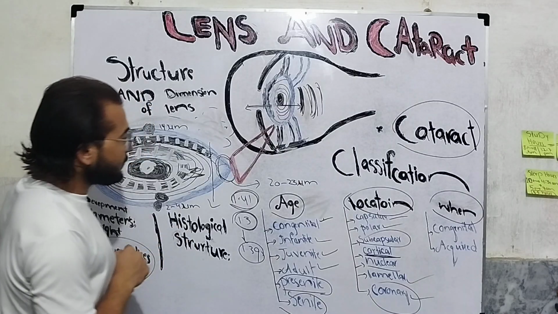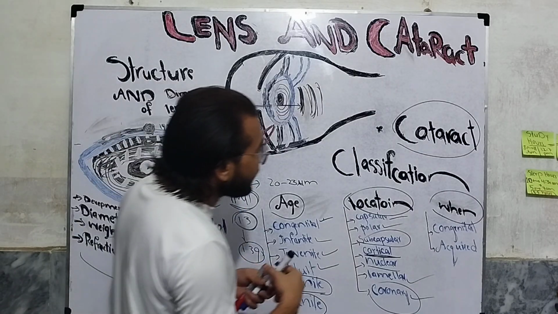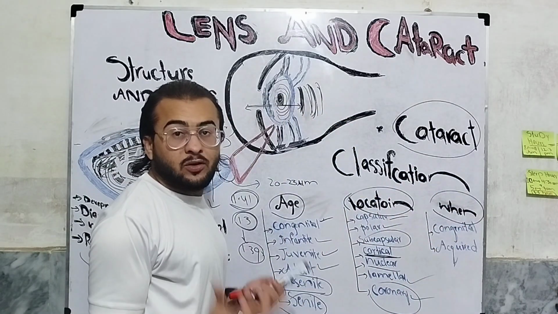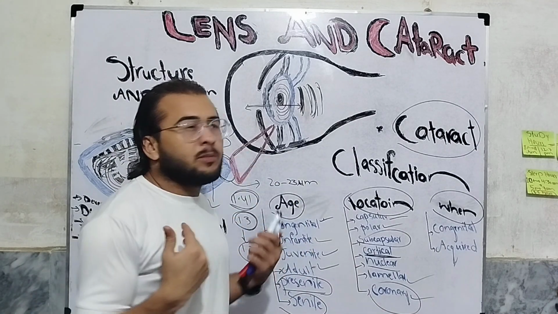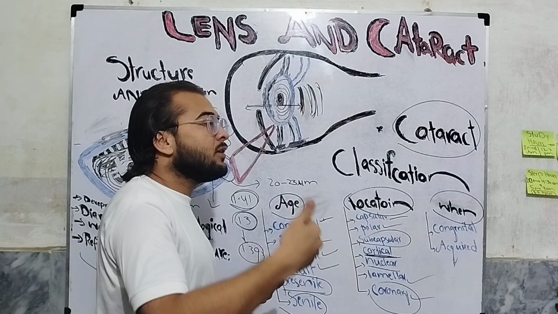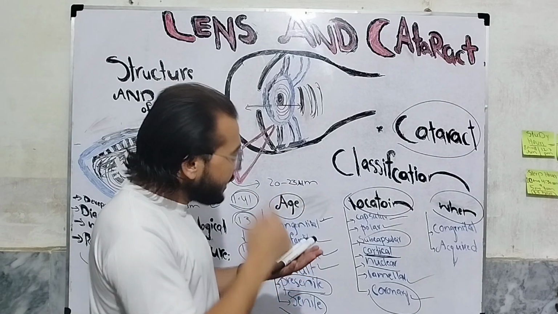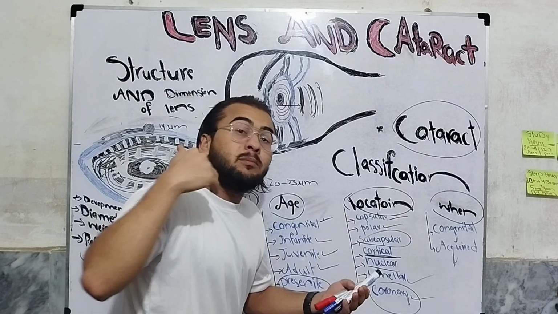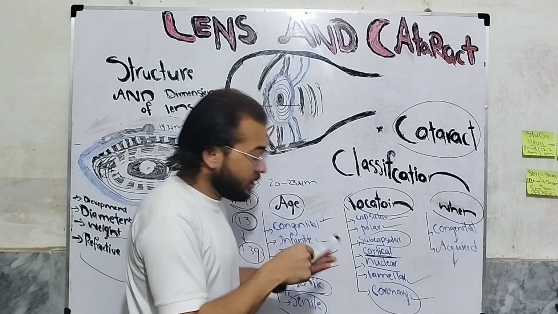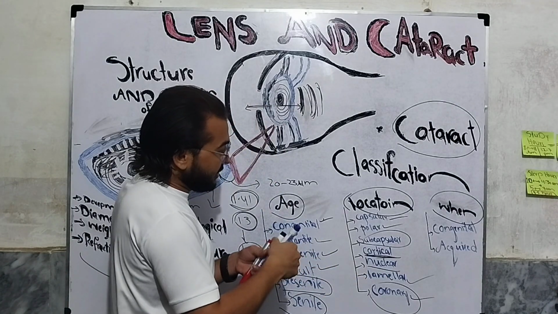Now the last classification is based on when the cataract develops. Is it congenital, or does it develop later in life? When the cataract is present from birth or in early childhood, it is called congenital cataract.